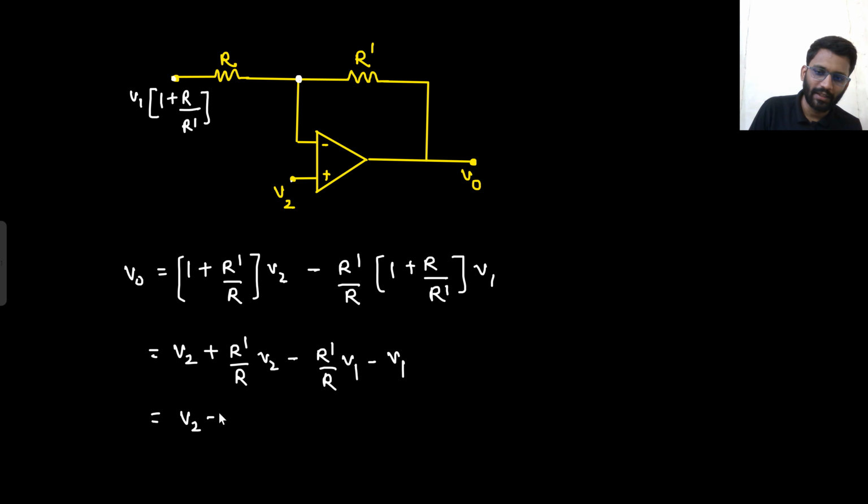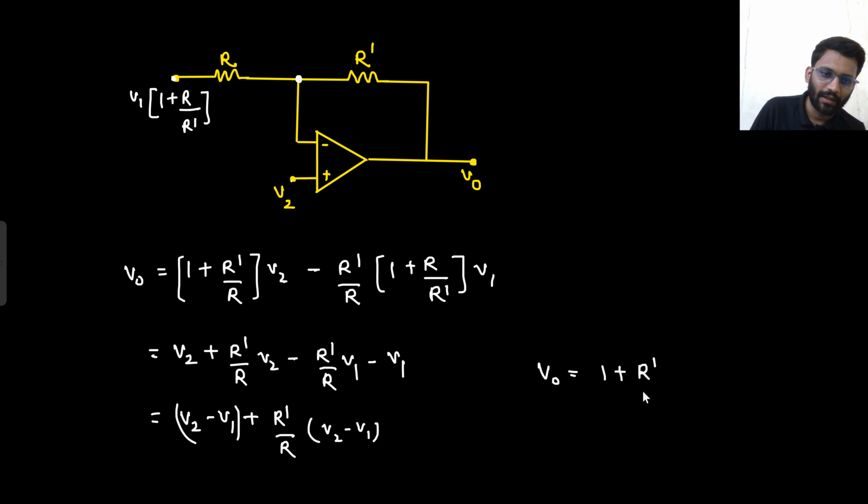That's it. So V2 minus V1 I am getting here, plus R dash by R into V2 minus V1 I am getting here. So my final output is becoming 1 plus R dash by R into V2 minus V1. Very interesting result.